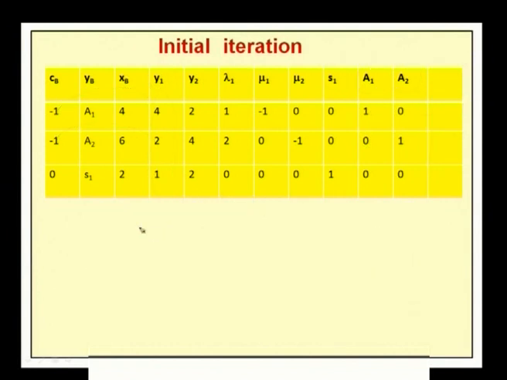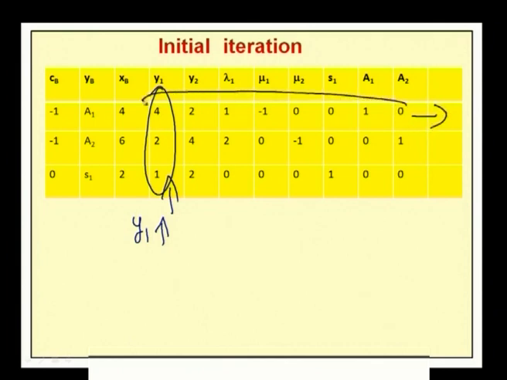For this table, y1 is our entering variable. y1 enters the basis, and by computing the minimum ratio, the minimum occurs for a1. Therefore, a1 is the leaving variable. The element where the entering variable and leaving variable intersect is called the pivot element.